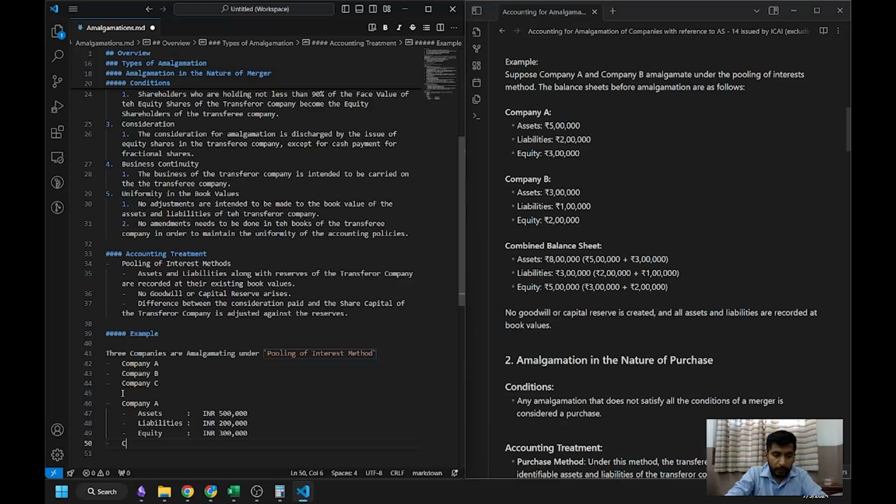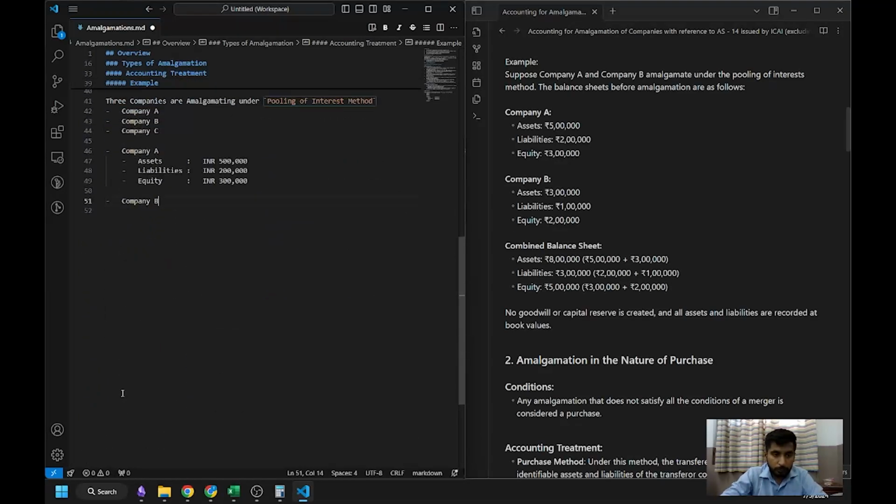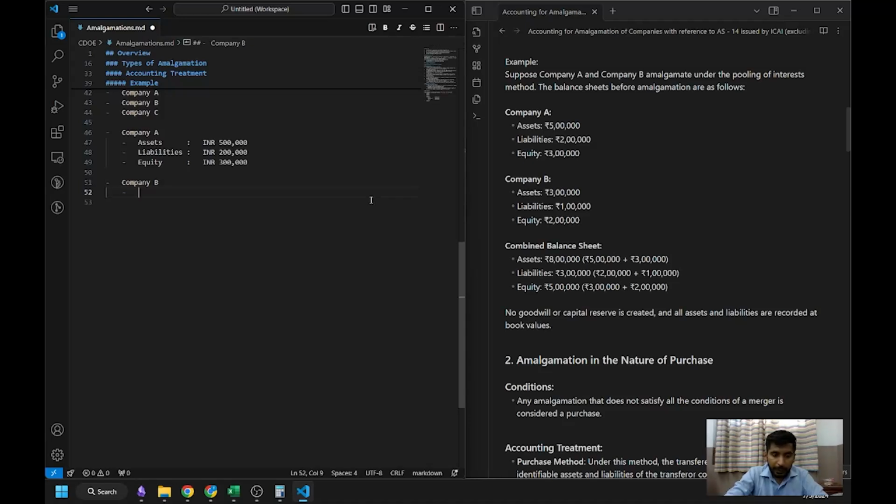For company B, assets, liabilities, and equity are as follows.